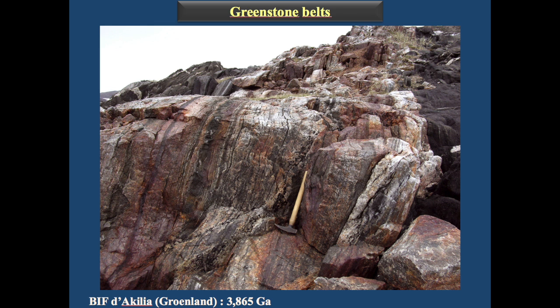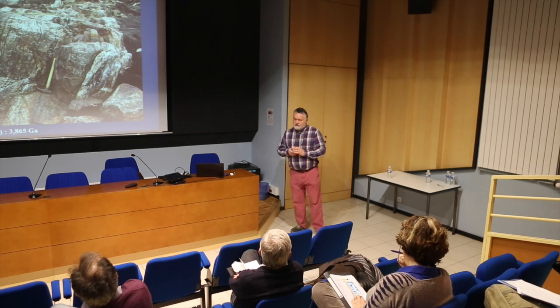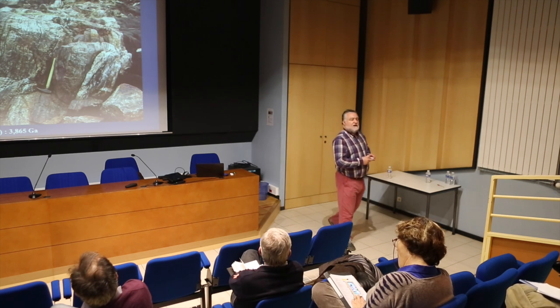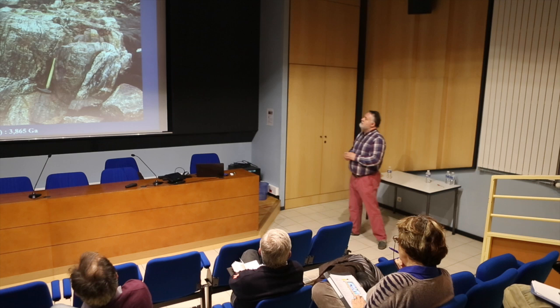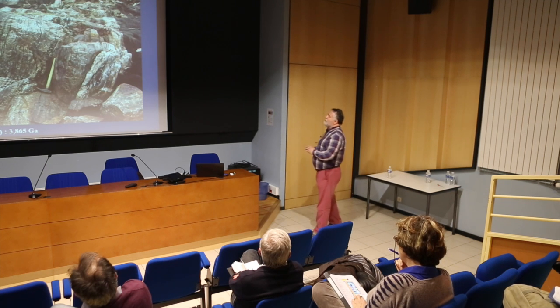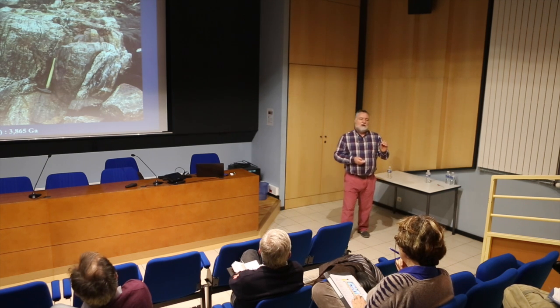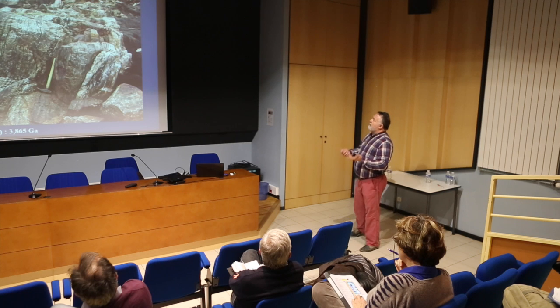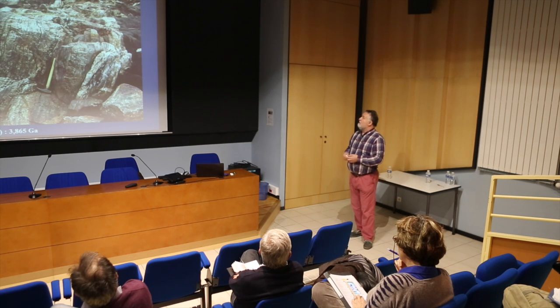I will not speak about this, but this kind of BIF is used to prove the absence of oxygen in the atmosphere during Archaean times, because we can form this only if the atmosphere and the ocean are not oxidizing, but reduced environments.